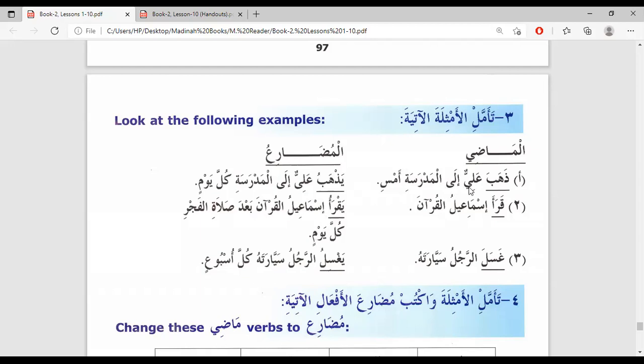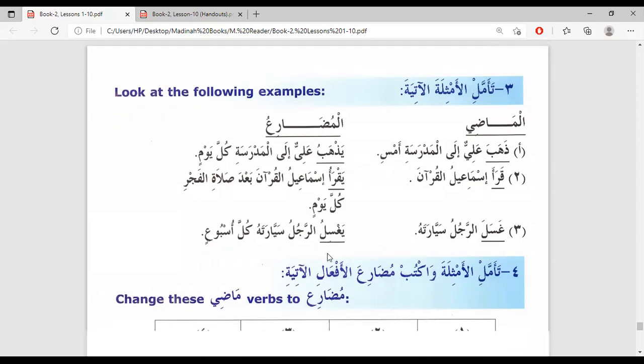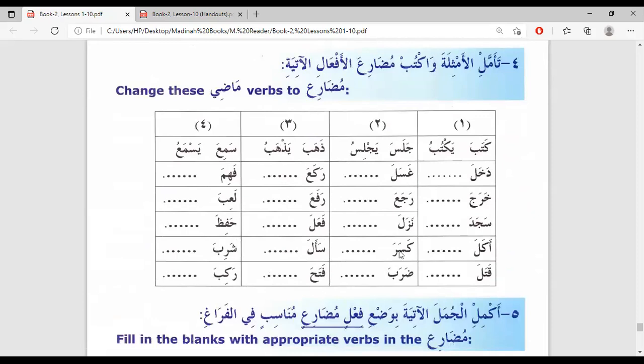So here we have ذهب يذهب, قرأ يقرأ, but here غسل يغسل, on the pattern of ضرب يضرب. So I think the last exercise, تأمل الأمثلة واكتب مضارع الأفعال الآتية. So change these ماضي to the present.